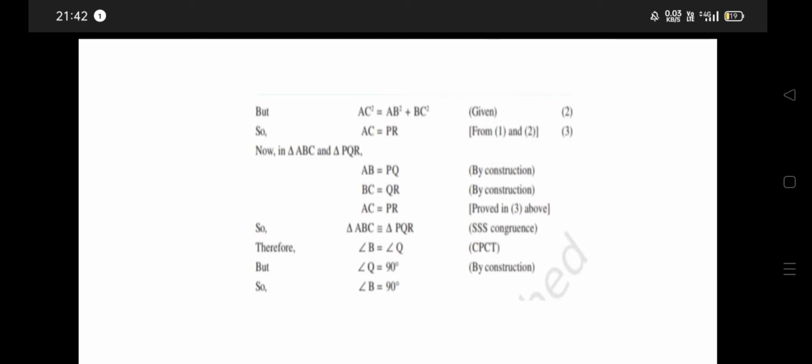Now from this we can say that triangle ABC would be congruent to triangle PQR, and therefore by corresponding parts of corresponding triangles, we can conclude that angle B would be equal to angle Q. But we know that by construction angle Q is equal to 90 degree. So angle B should also be equal to 90 degree. So converse of the Pythagoras theorem is also proved.